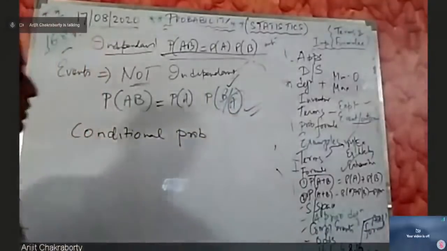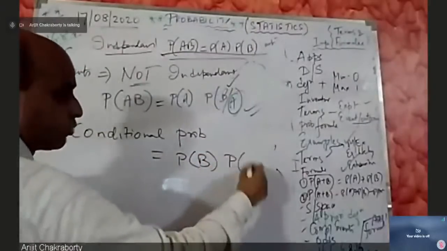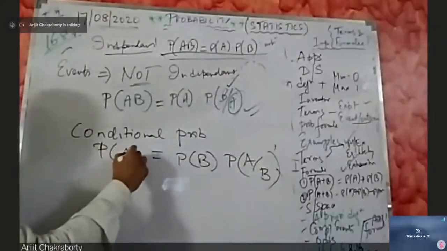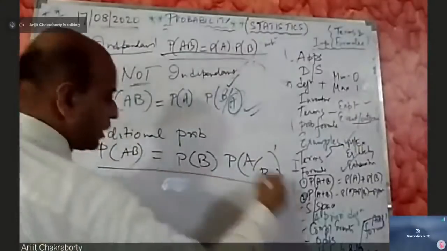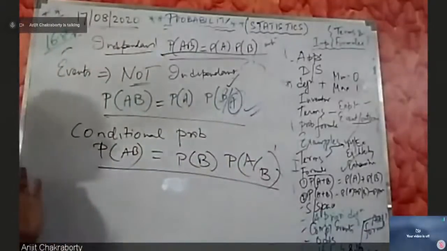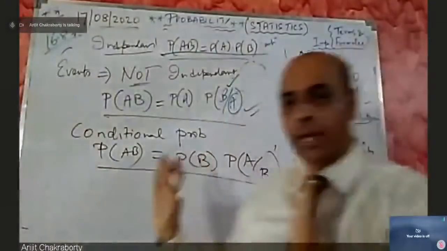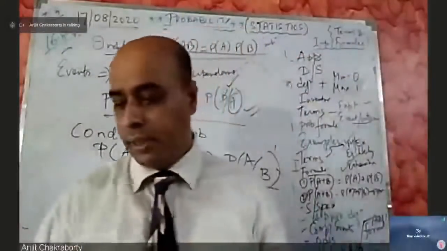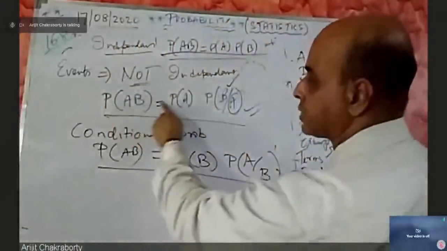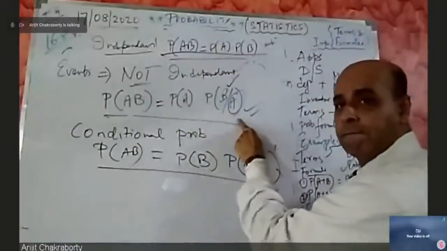I can also write it as P(B) into P(A/B). The same formula I will get. Please note both of them. This is called conditional probability, and it is the last formula, the last theorem which we are learning in this chapter. So please note P(A intersection B) or P(AB) equal to P(A) into P(B/A).